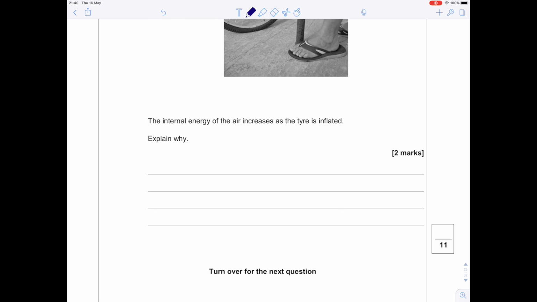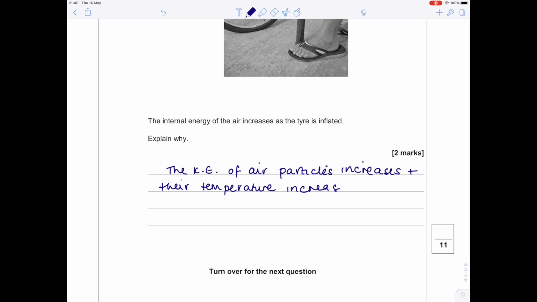So effectively, as you inflate the tyre, the kinetic energy of the air particles increases, and as such their temperature increases. The second marking point is less obvious, and you need to state that work is done on the air in the tyre.